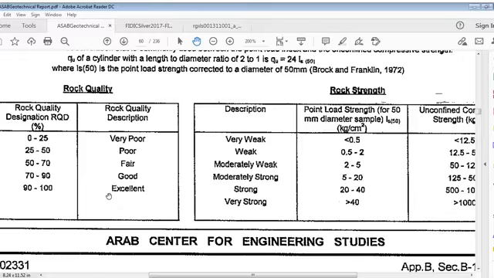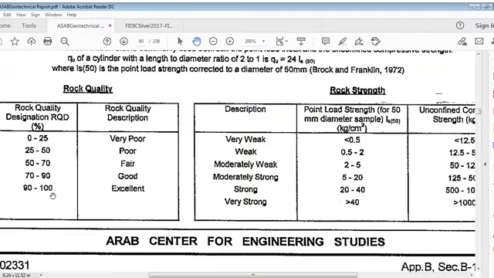I have shown you these various scores in core recoveries. 0 to 25 is very poor, 25 to 50 is poor, 50 to 70 is fair, 70 to 90 is good, and 90 to 100 is excellent.